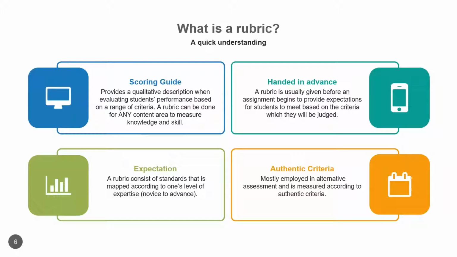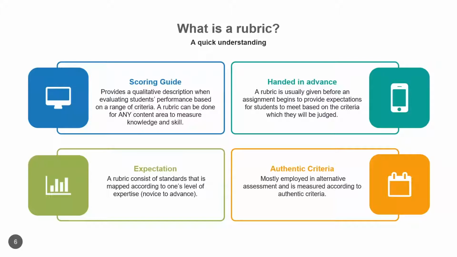Or if you're teaching engineering or any discipline for that matter, you can use rubric, especially if you're measuring knowledge and especially skills, which you can't usually measure in the final exam. So that would be the scoring guide. It provides the qualitative, and yet those qualitative descriptions can be turned into a score.